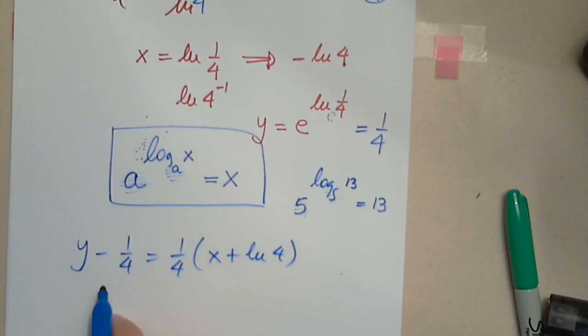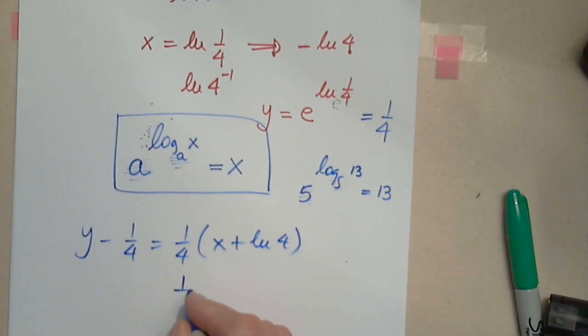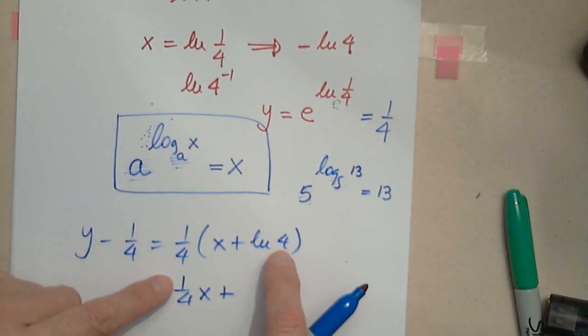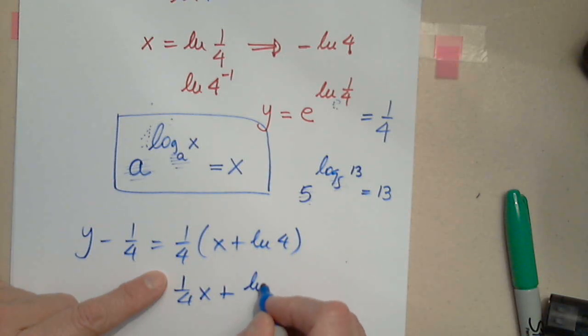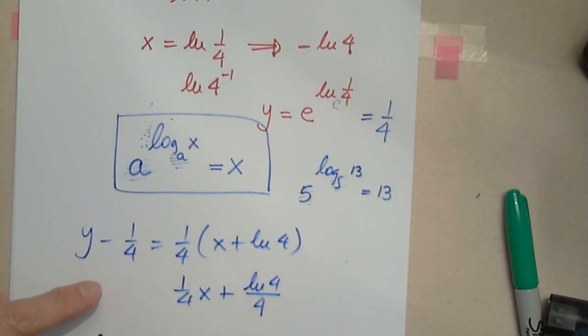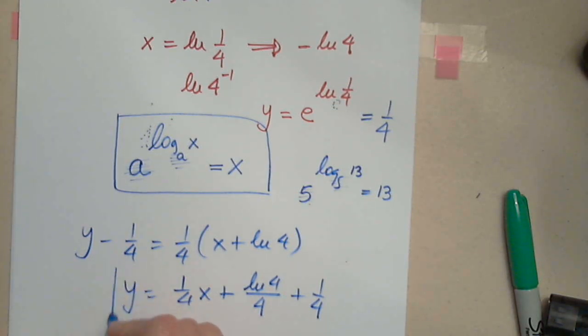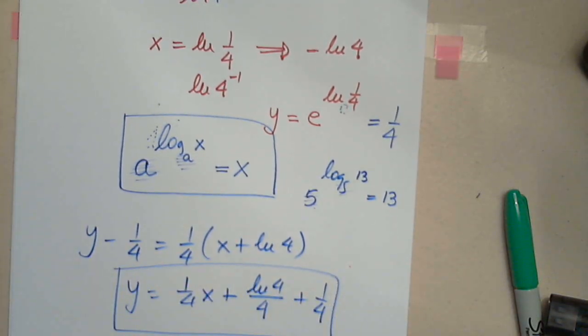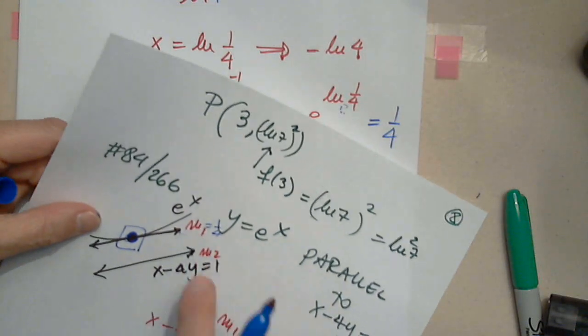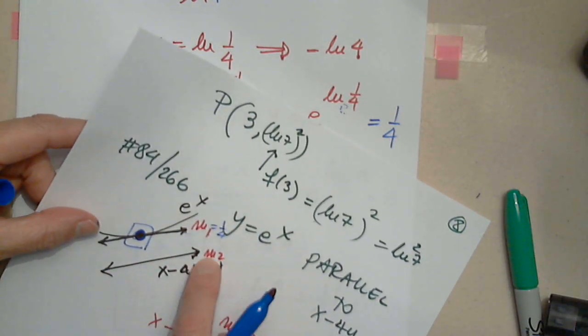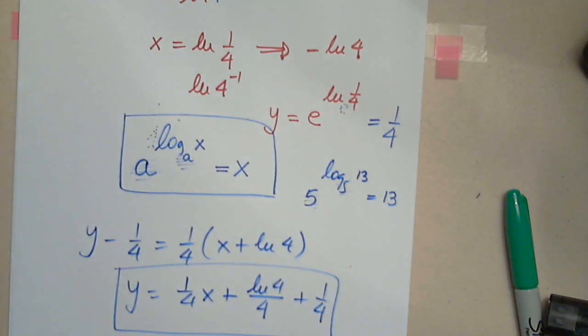So I distribute and move 1/4. So 1/4 x plus natural log 4 over 4. I cannot do anything to that. And then plus 1 over 4, and that's the equation of the tangent line to the graph of e to the x parallel to the given line.